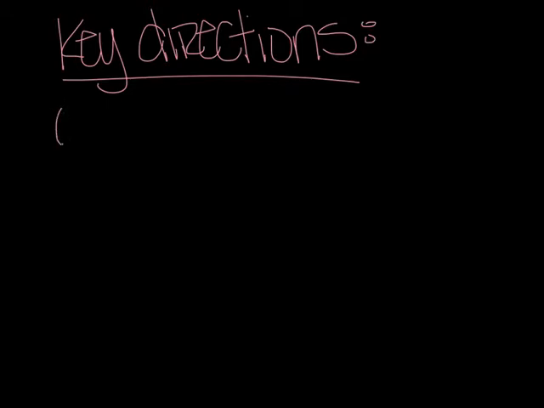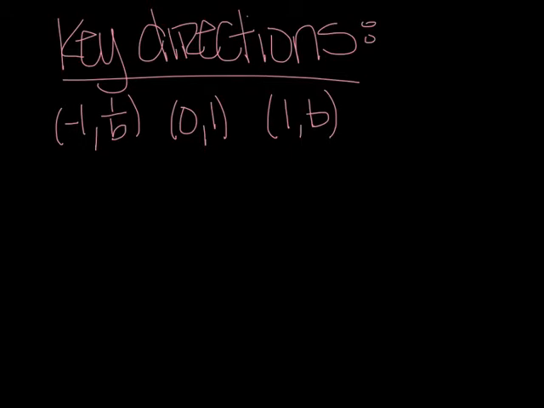So when we have -1, 1 over b, 0, 1, and 1, b, we're looking at our x values as telling us to move left and right. So a -1 tells us to move left. 1 over b, at this point we don't know if that's up or down, but we know it would be one or the other. 0 tells us to move 0 units to the right. 1 tells us to move 1 unit up.